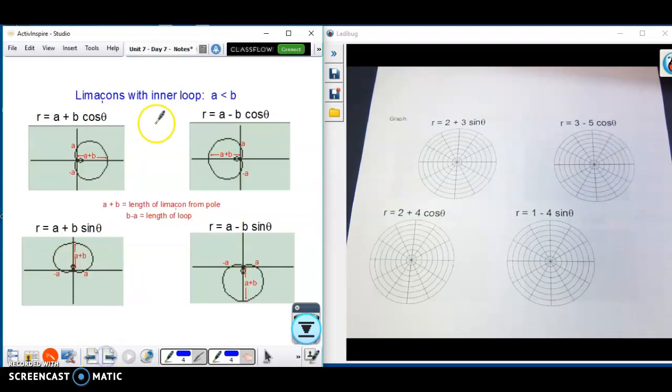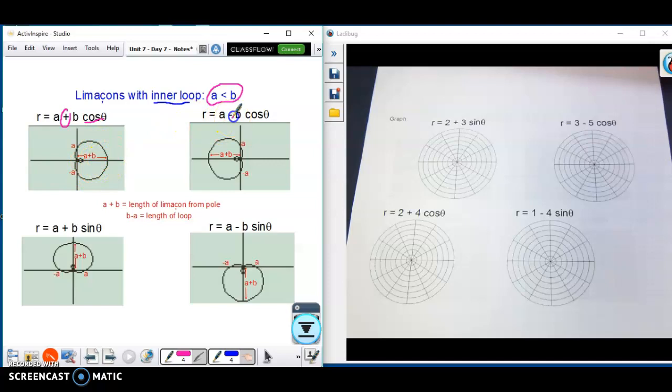Okay, so we're going to start with our inner loop limaçon. In order for something to be an inner loop limaçon, B has to be the bigger number. So B is going to be bigger than A. We have different versions of this. If this says A plus B cosine theta, because we have this positive and we have positive cosine, this is going to be located to the right of the pole.